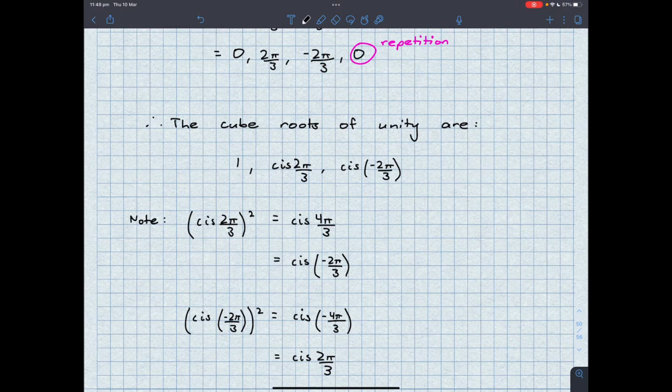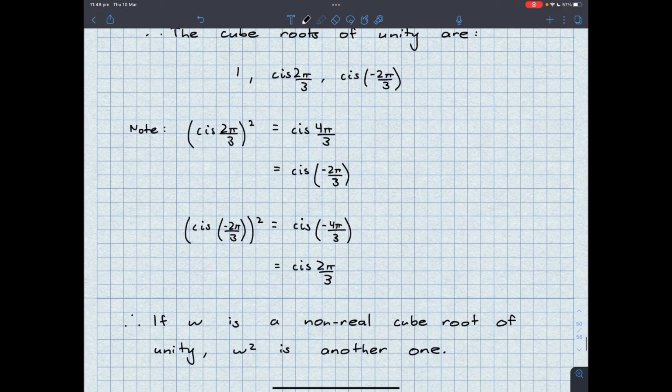So what this means is that if I'll use omega, or just w if you like, if w is a non-real cube root of unity, then w squared is another one. This is actually the lowercase Greek letter omega, but it's easier to write as a w.